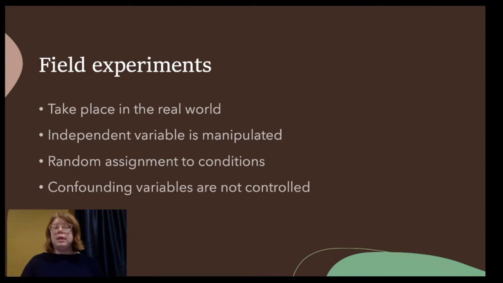So the people could still be randomly assigned to conditions, and the independent variable, which version of the test people took, would still be manipulated. But confounding variables, such as whether students had eaten breakfast that morning, or whether students took the test early in the day or late in the day, wouldn't be controlled.